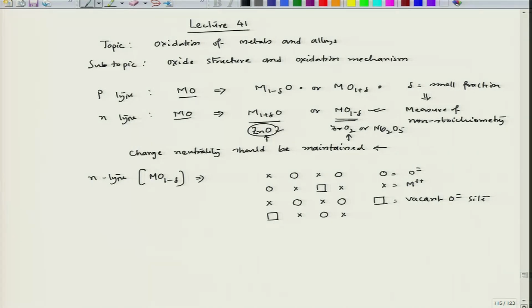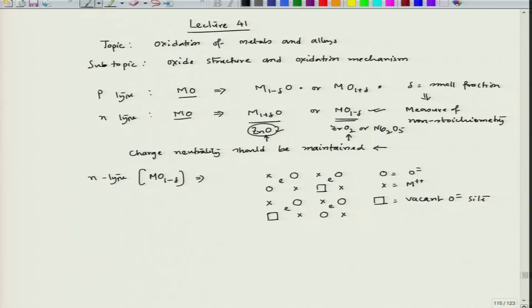That means we have 4 extra positive charges. So, we have to neutralize those 4 extra positive charges. So, there will be electron generation. These electrons are the charge carriers. So, it becomes n type, but here you have oxygen vacancy from the normal lattice sites. So, the diffusion would be through the vacant anion sites.